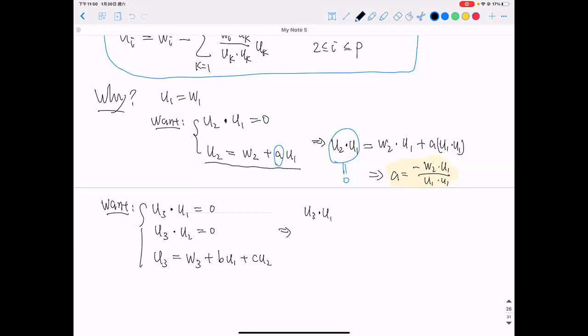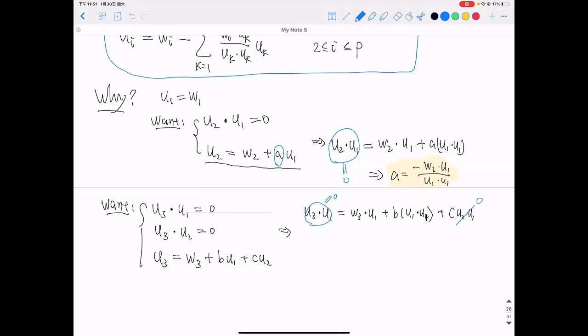U3 dot U1 will then be W3 dot U1 plus B U1 dot U1 plus C U2 dot U1. And we impose U3 dot U1 to equal 0, and we already by construction get U2 dot U1 equal to 0.